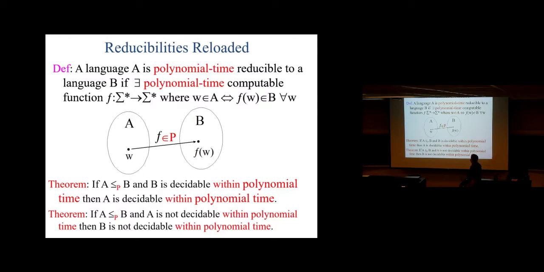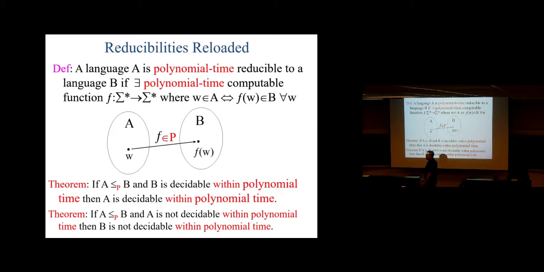Because one way to think about the second theorem is that if A reduces to B and A is not efficiently solvable, then B can't be efficiently solvable either, because if B was efficiently solvable, you'd be able to solve A efficiently too. Why?